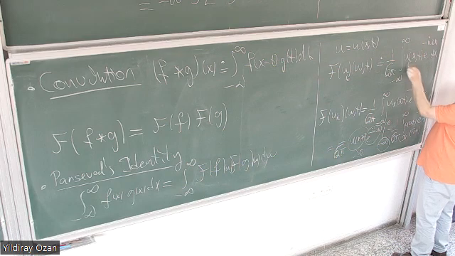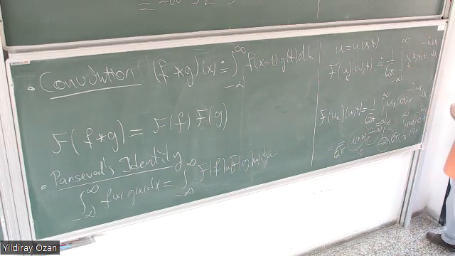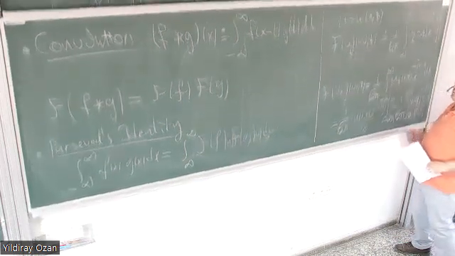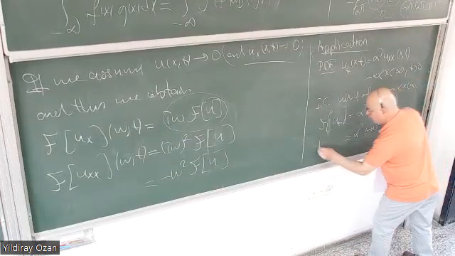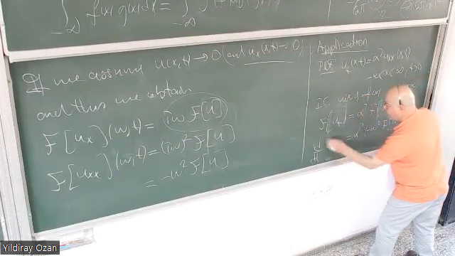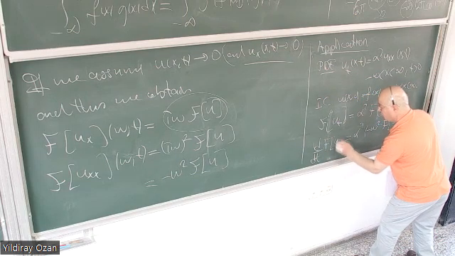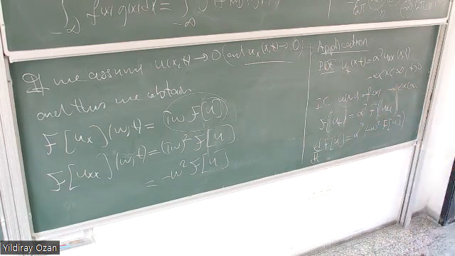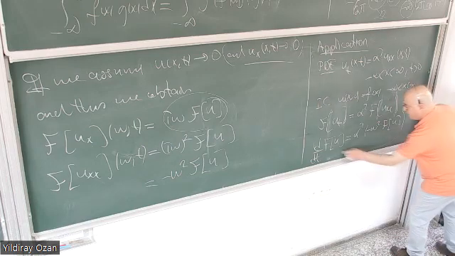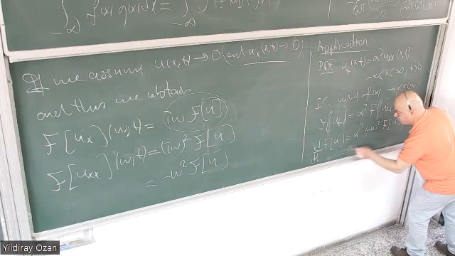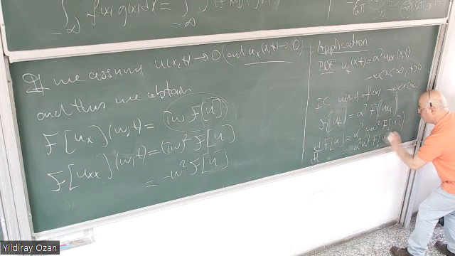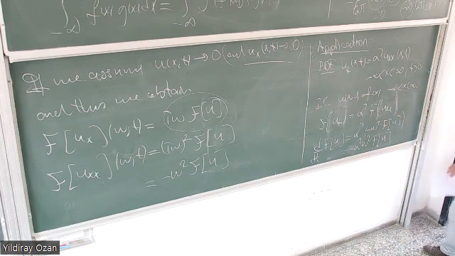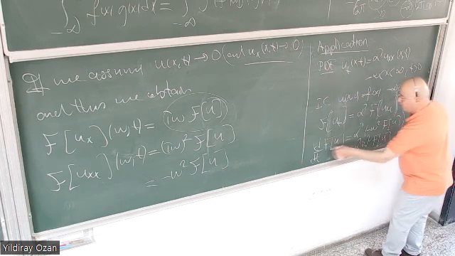Nothing will happen here. So the derivative with respect to t, this Fourier transform is just d/dt of the Fourier transform of u. So what you get is just minus alpha squared w squared times the Fourier transform of u, and then here I have the Fourier transform of u, but the derivative of it.